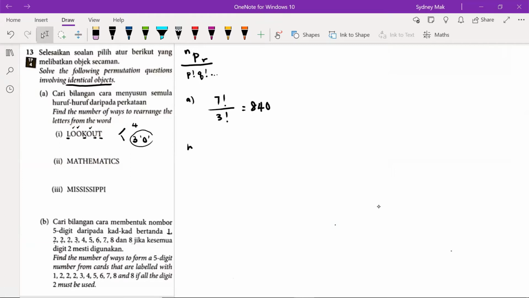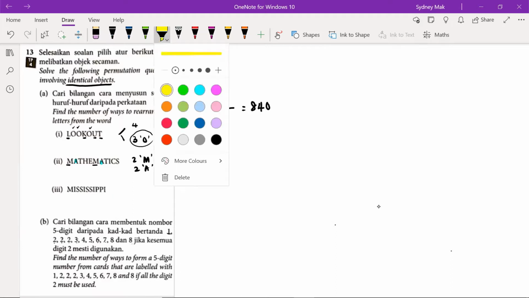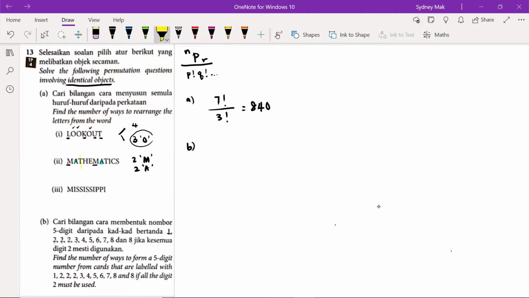Part 2. From the word MATHEMATICS, I see that we have 2 M's, and then 2 A's. Anything else? T, 2 T's.